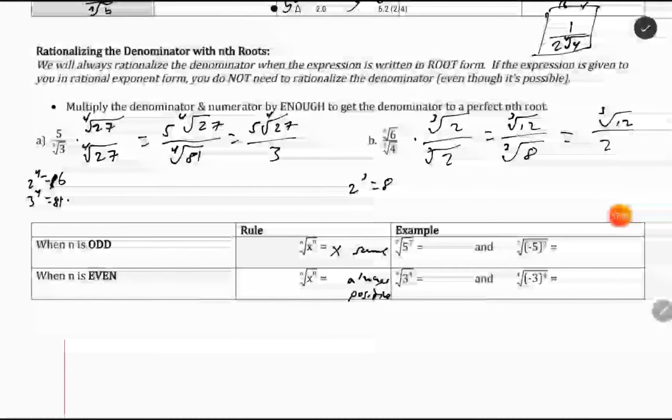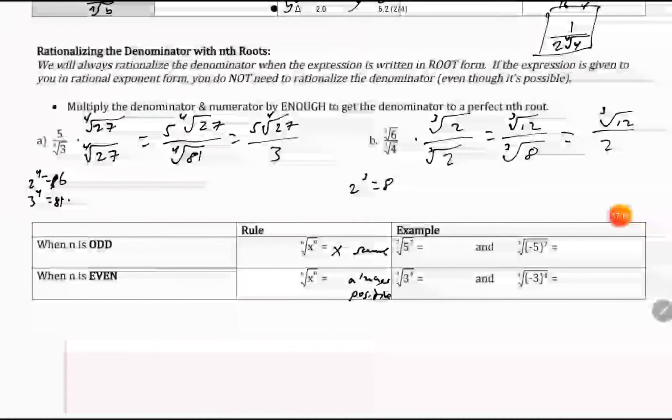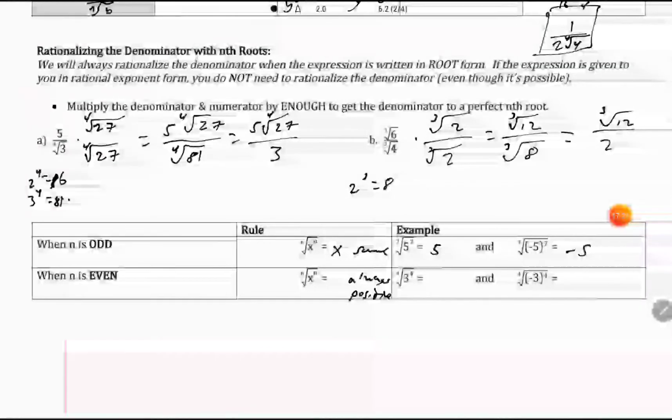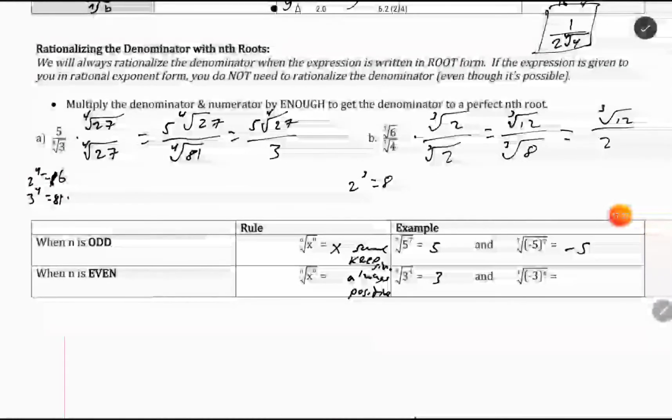When you're taking the nth root of something to the nth power, they're canceling. So for example, if we have this, we just have 5. But if we have negative 5, it stays negative 5. So we're keeping the sign. But if we have this, we keep 3 and the negative goes away.